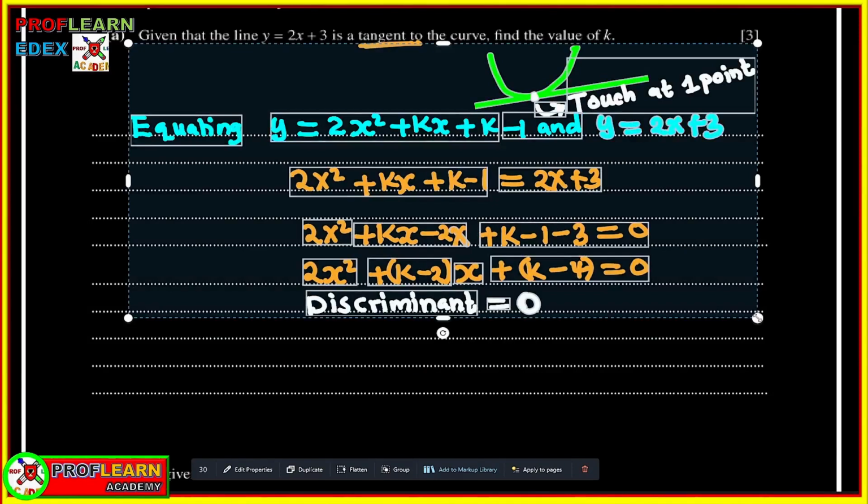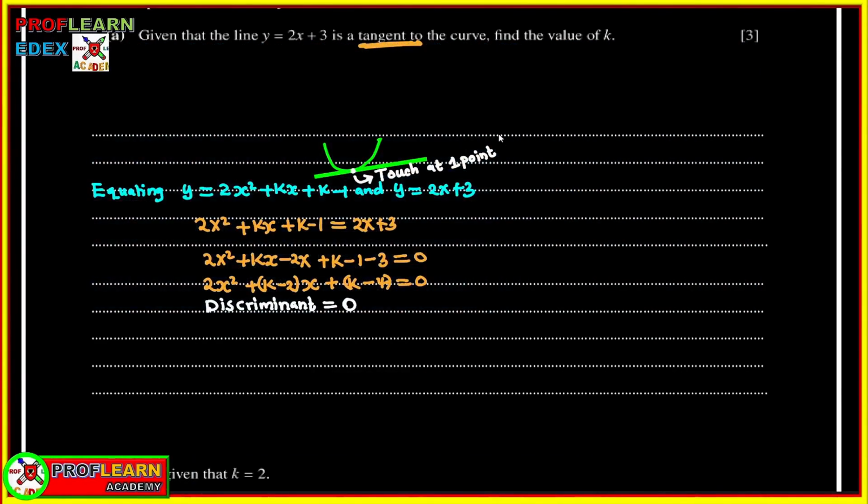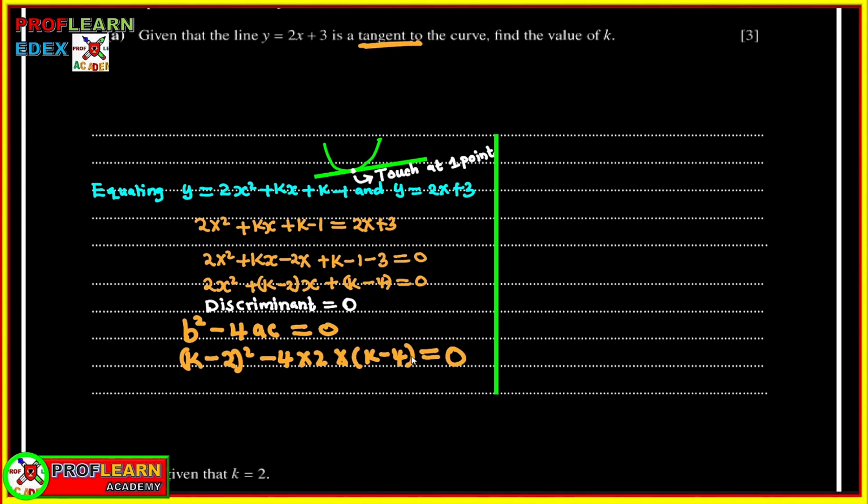Now looking into this, let me move a little bit so that I can have enough space to write. I write the formula for the discriminant, substituting what I have so that I can simplify. I'm going to have k squared minus 4k plus 4, and that is going to be 8 into k minus 4.